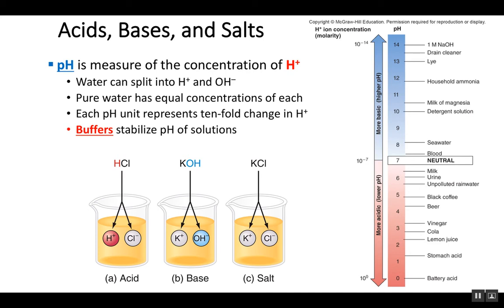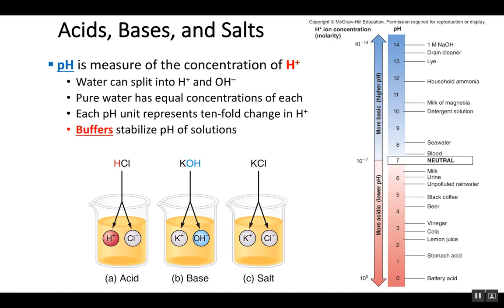So then we also have to introduce what a buffer is. A buffer is a molecule that stabilizes a certain pH. It could be a buffer that stabilizes at 5. It could be a buffer that stabilizes at 8. It all depends on how that buffer works. An example is our blood has a buffer in it. It's called bicarbonate.